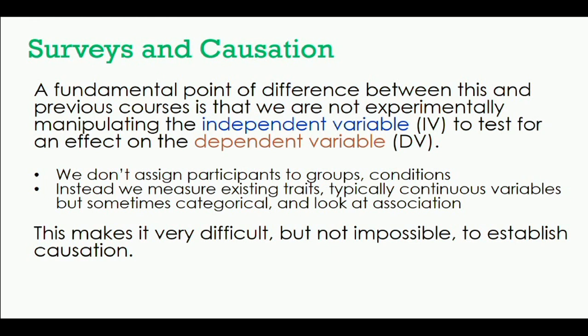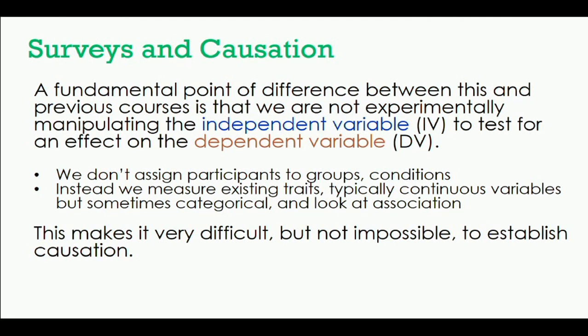Instead, we're measuring existing traits. So these are typically continuous variables. Like in your assignment when you perhaps measured extroversion or openness or agreeableness or maybe conservatism, and you saw whether this predicted the outcome.